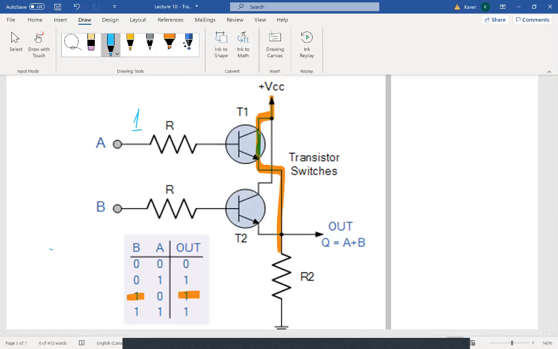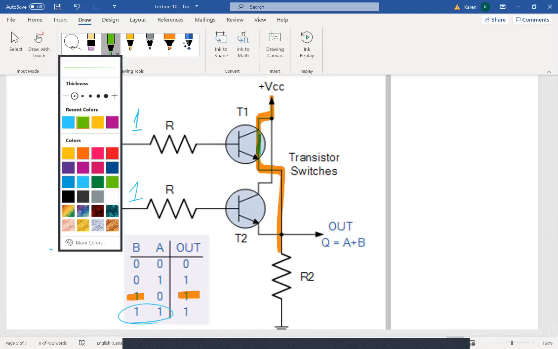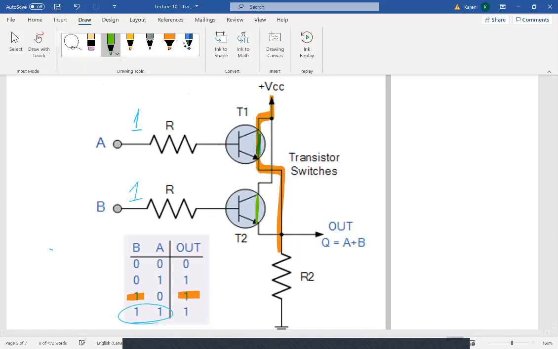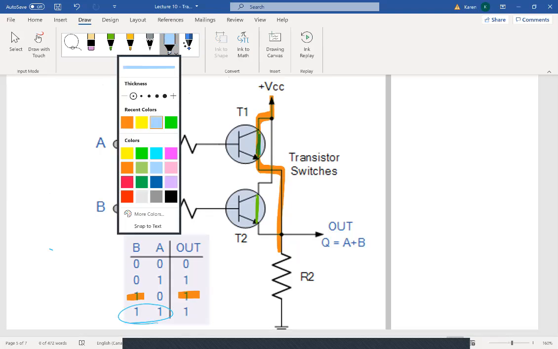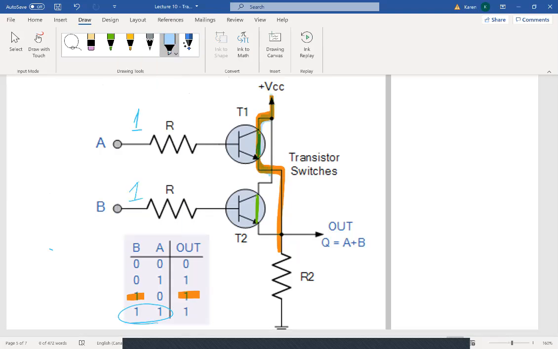Now, if I were to give a 1, 1, which is this case, now this one is closed, and of course, now you have voltage again. So this one goes this way. And of course, you're going to have that positive or that greater than 0 result again.